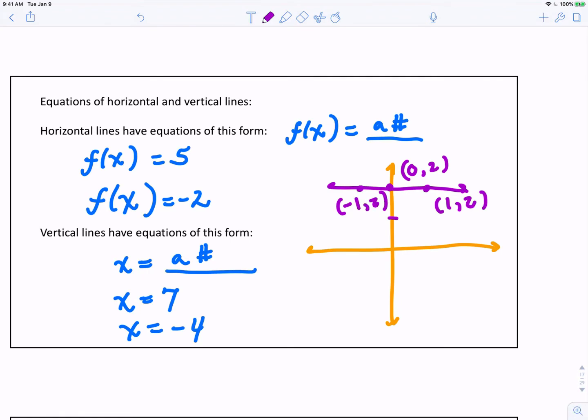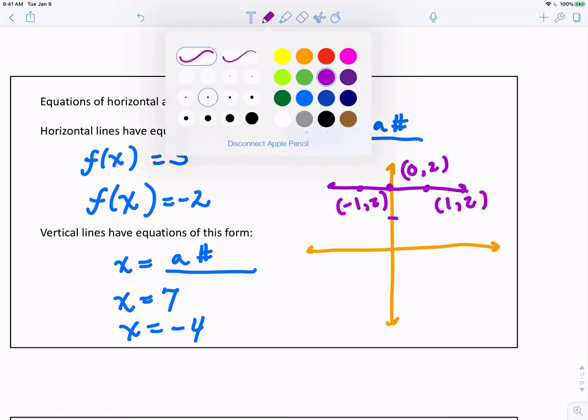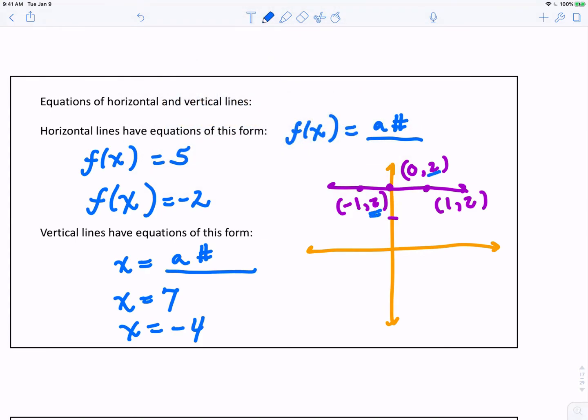And when you look at these points, what do they all have in common? They all have the same y-coordinate. Oh, so then we know that the equation of this line has to be y is equal to 2, or in function notation, f of x is equal to 2. So you don't have to worry about memorizing. You can memorize it if you'd like to, but you can also just derive it from a picture.